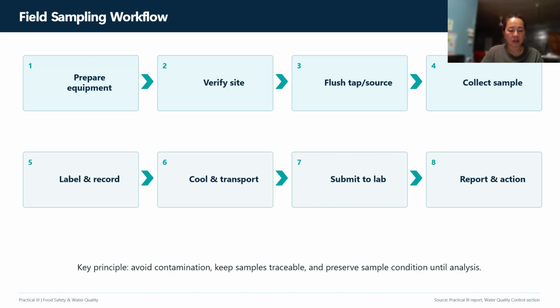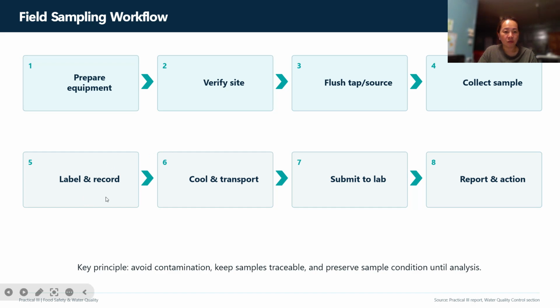This slide shows the basic workflow for sampling. For water sampling, first we prepare the equipment and verify the sampling site, and next we flush the tap or water source before collecting the sample.